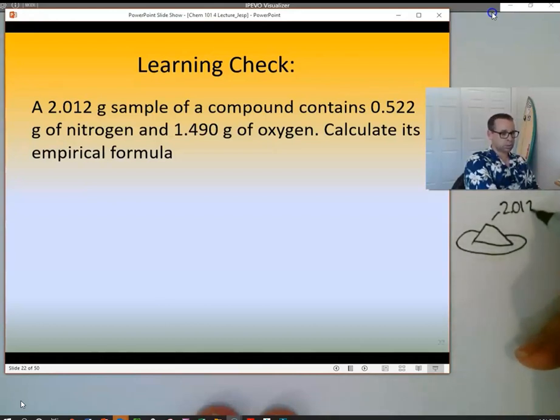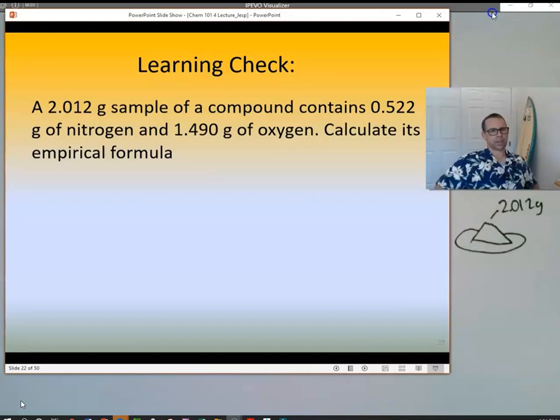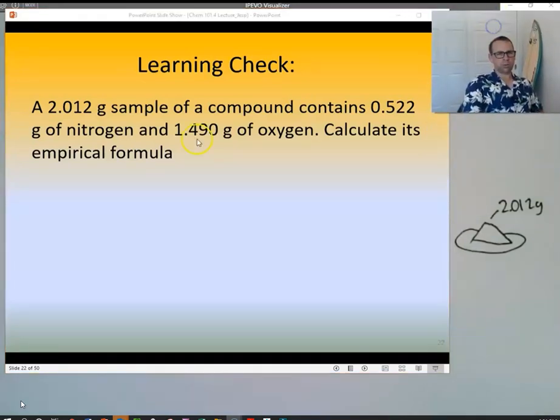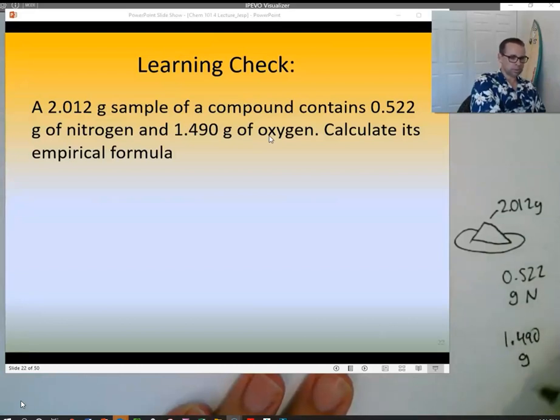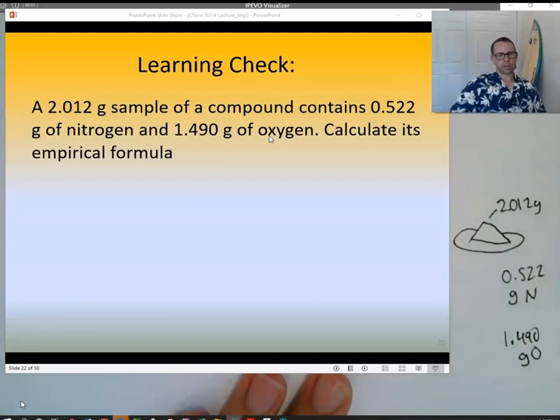And it's a little bit of a different problem here because I'm not told what the percentage of the different components are, but I'm told that I have 0.522 grams of nitrogen and 1.490 grams of oxygen. And from that, we want to calculate the empirical formula. So if I write down 0.522 grams of nitrogen, 1.490 grams of oxygen, right?